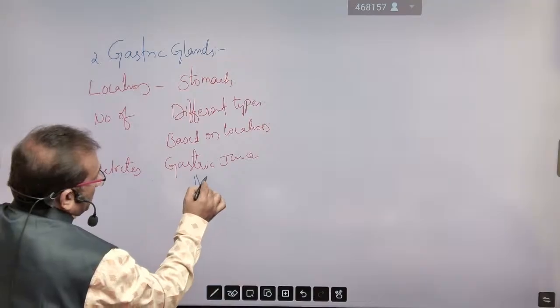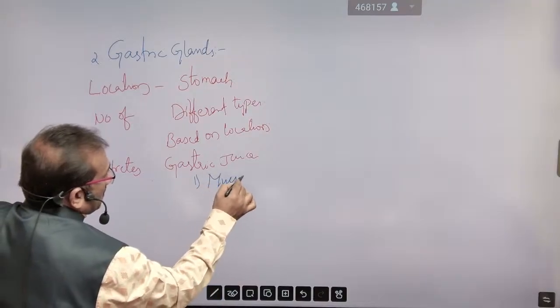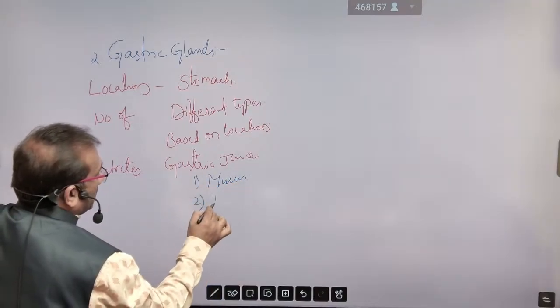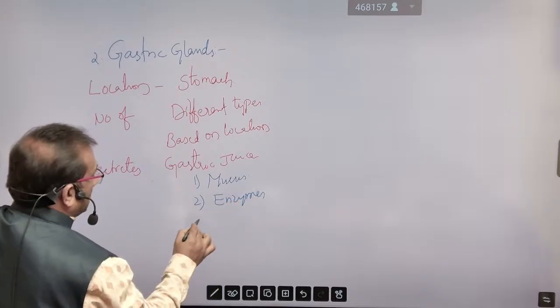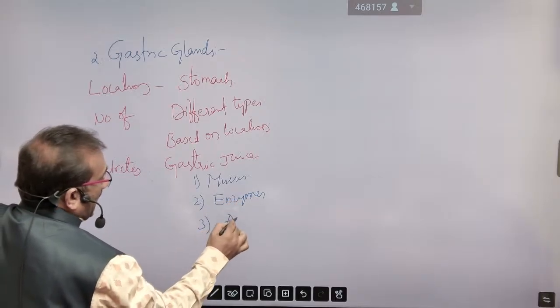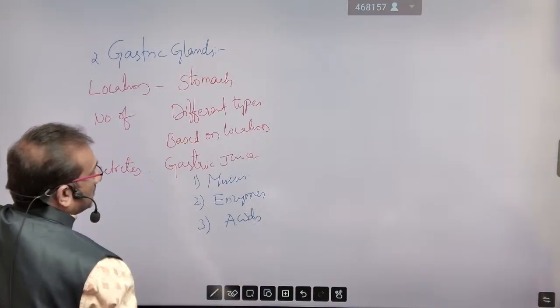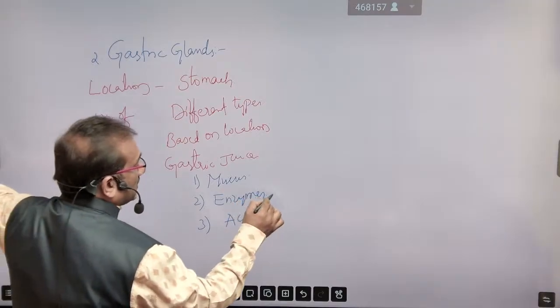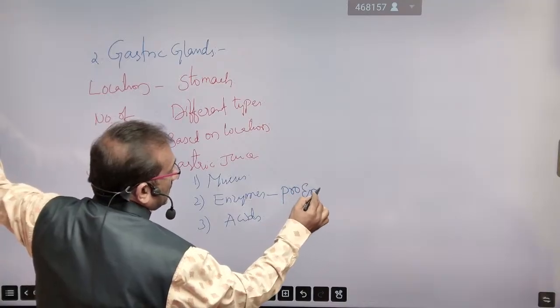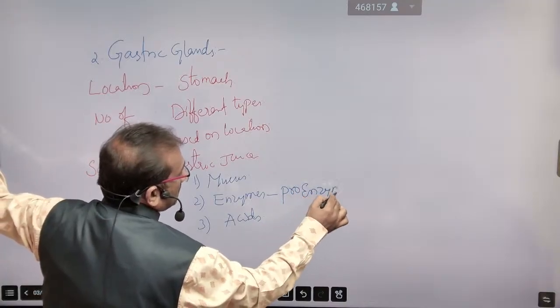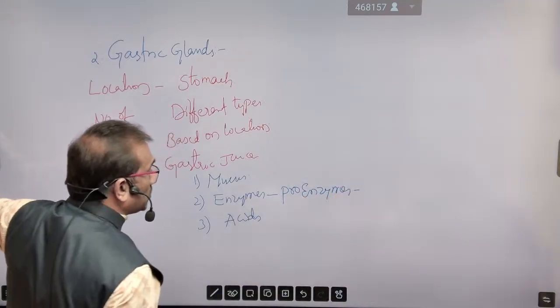First one, mucus. Second one, enzymes. Third one, acids. Here the enzymes they secrete are proenzymes. What are those proenzymes?